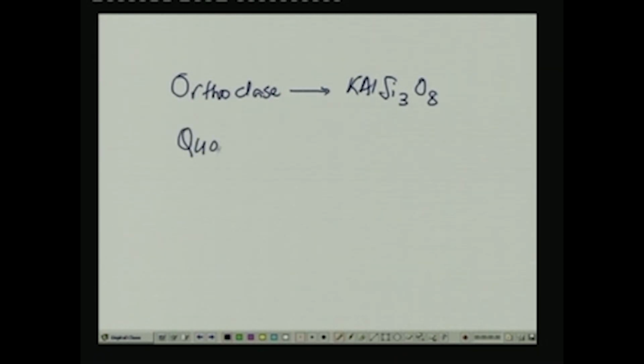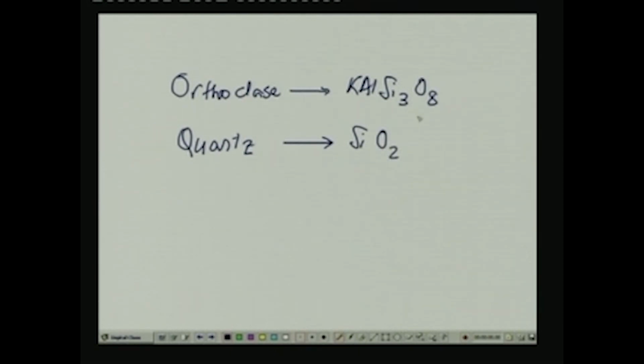So orthoclase has a chemical composition as given by this formula here, and it occurs high on Bowen's reaction series in comparison with quartz. Quartz has a chemical formula of simply SiO2.